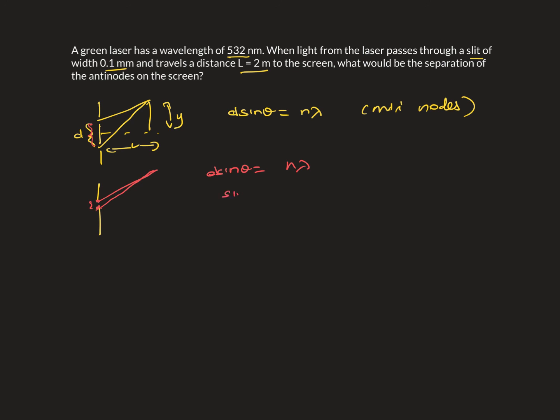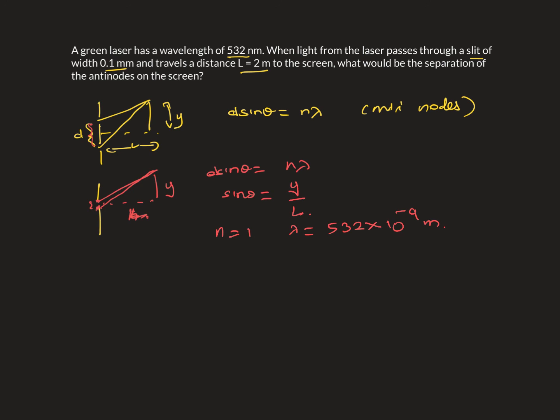So sine theta is going to be this divided by this, that is L. So sine theta is y over L. n is equal to 1, we're going to look at the first order maximum. And lambda is equal to 532 times 10 to the power minus 9 meter, because it's nanometer.